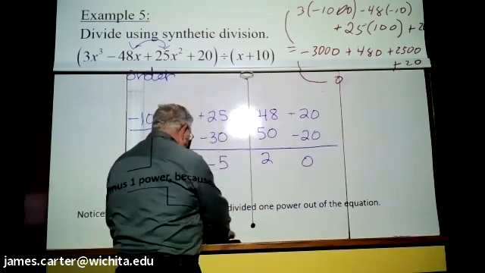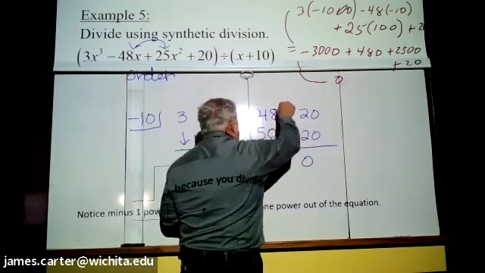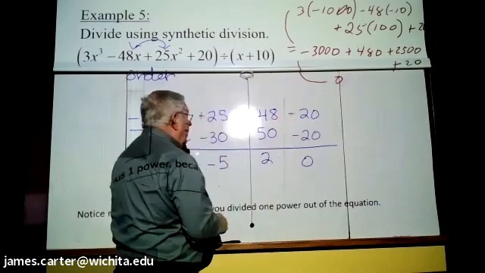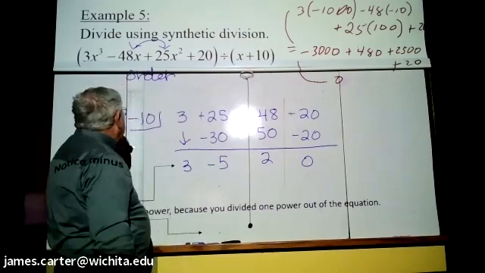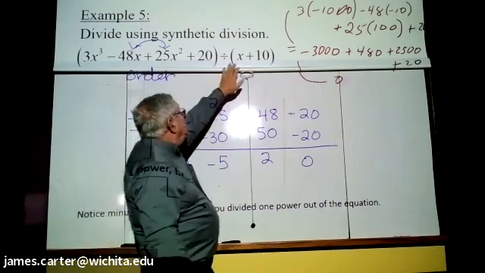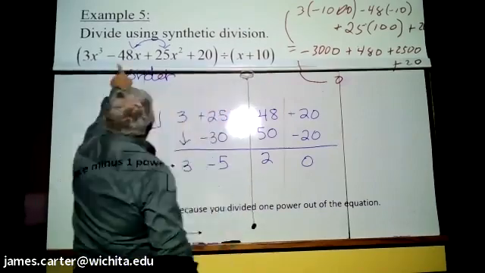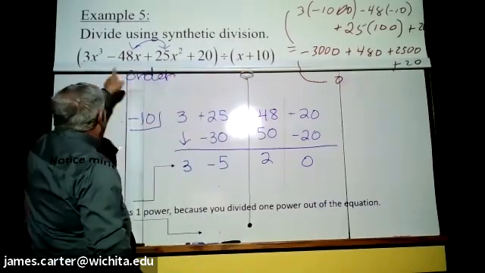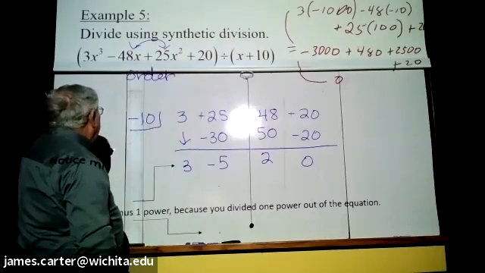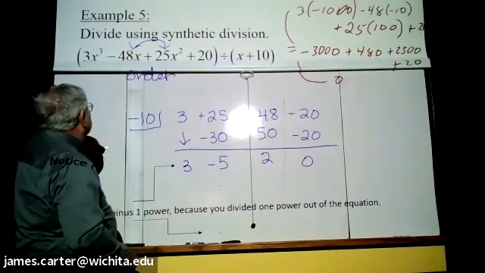When I get a 0 remainder, okay, that's a very special thing. Because what that means is x plus 10 is a factor of this, okay? And it'll go into it exactly.